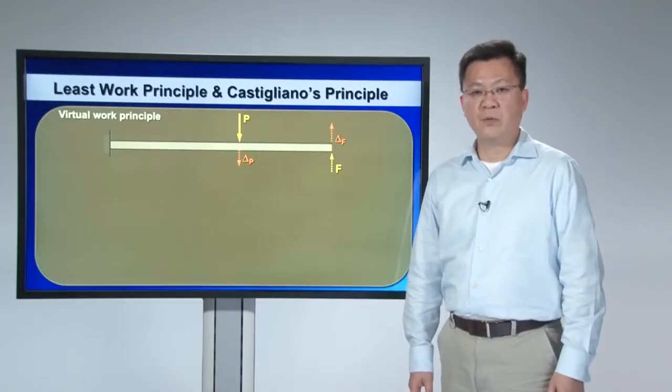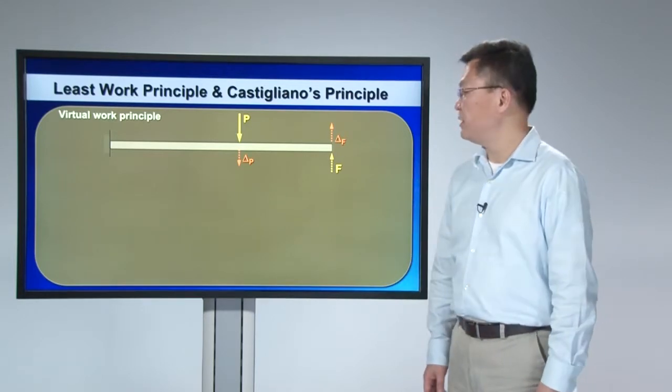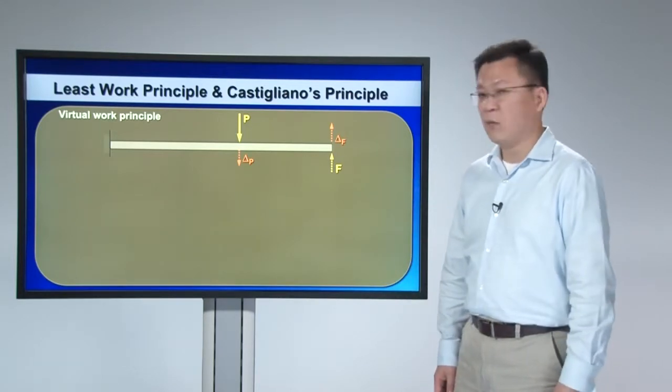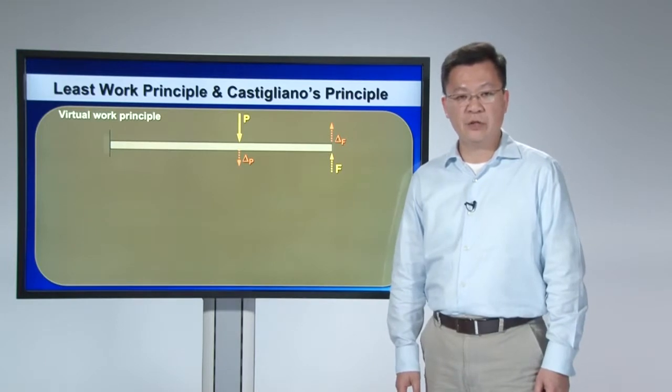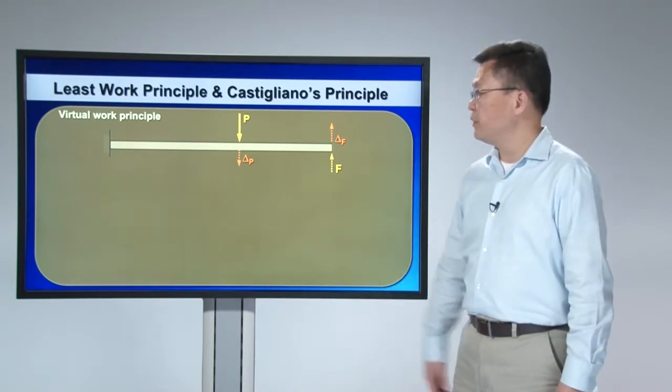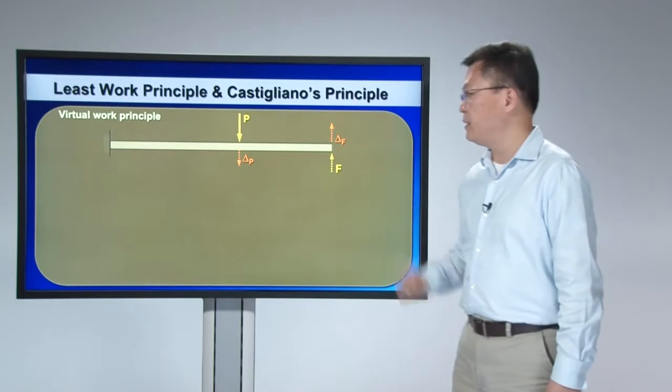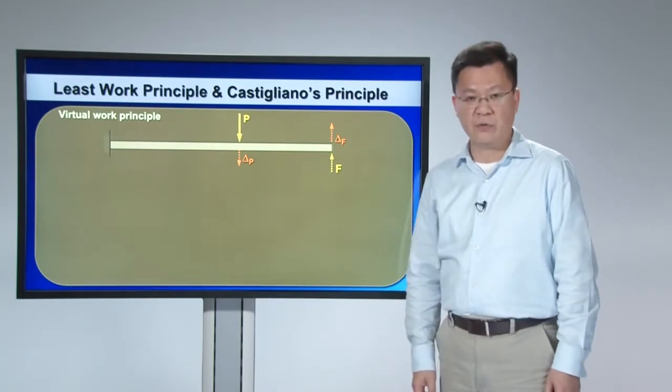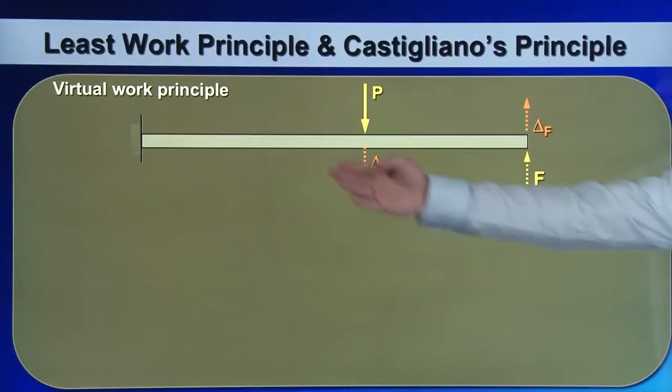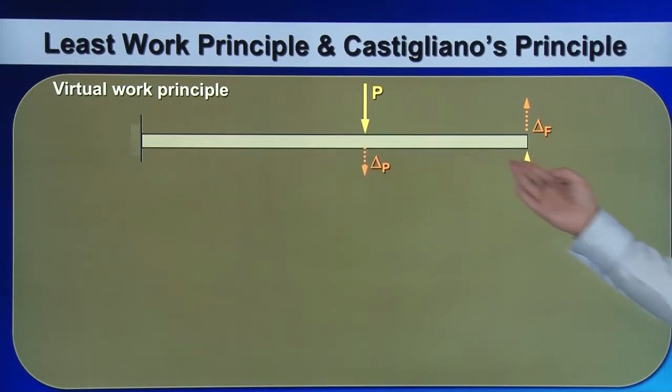As the least work principle and Castigliano principle have very similar formulas, you might wonder what is the relationship between the two. So let me use the virtual work principles to explain the relationship between the two principles. Take this beam structure as an example.